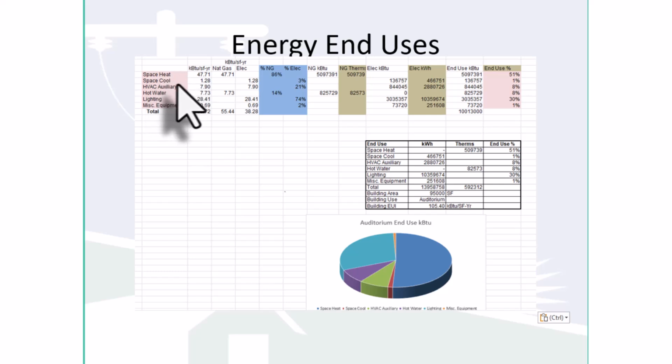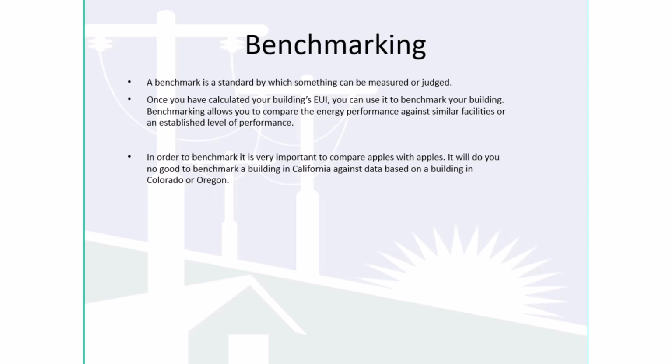For instance, space heating, space cooling, auxiliary hot water, lighting, and the miscellaneous, and put it into a pie chart like this and into a table such as this. This is beyond the scope of the work, but it's also discussed in the procedures book on pages 32 and 33.